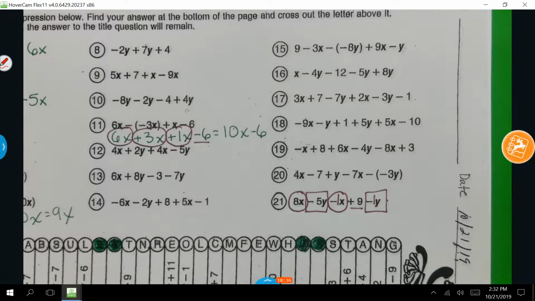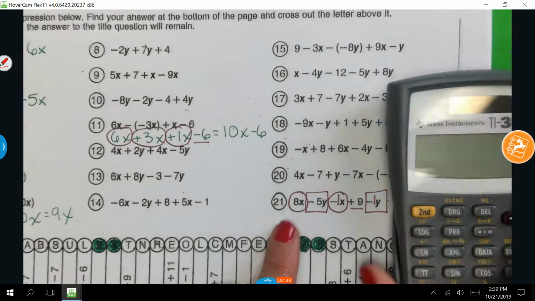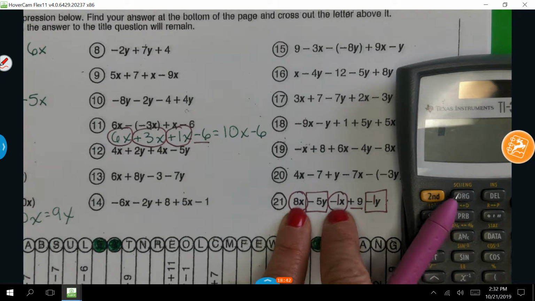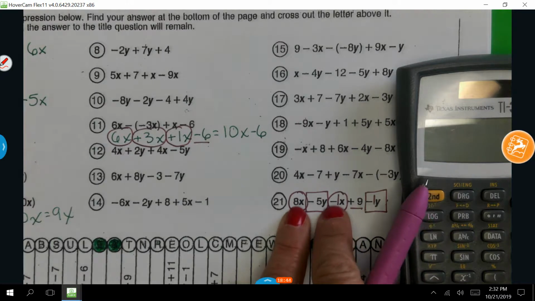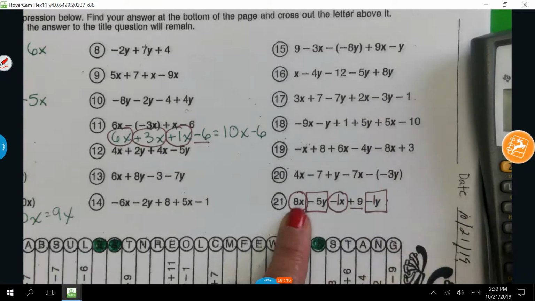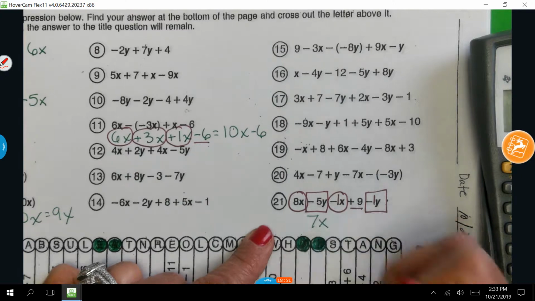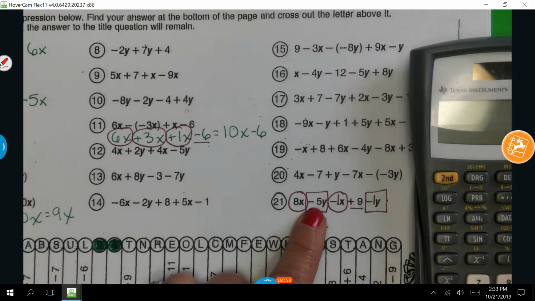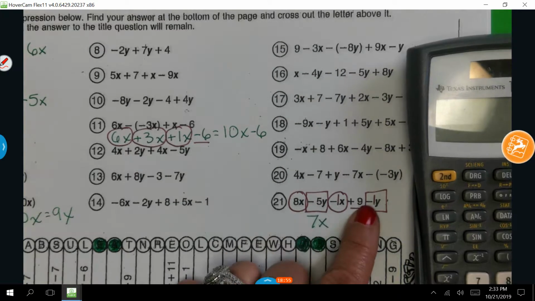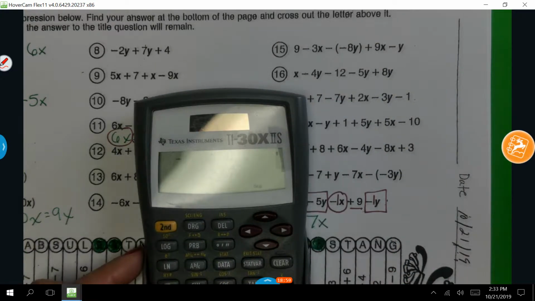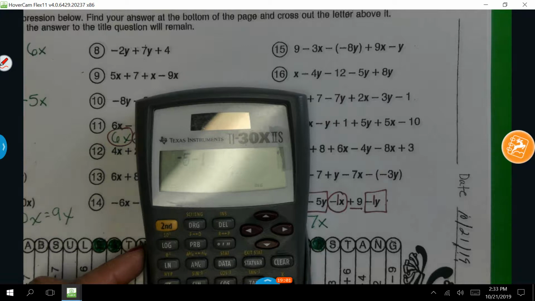So let's put our x's together. Get your calculators. 8 minus 1. 9. All right, 7. 7x. I said plus. Now, look at your y terms. Negative 5 minus 1.